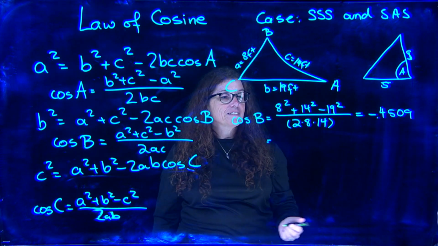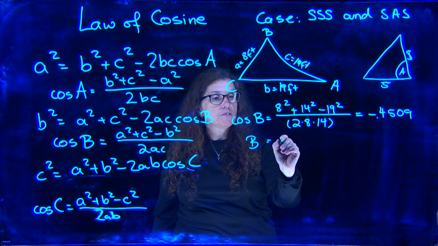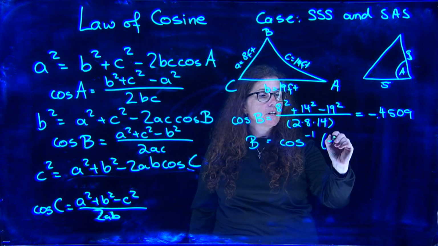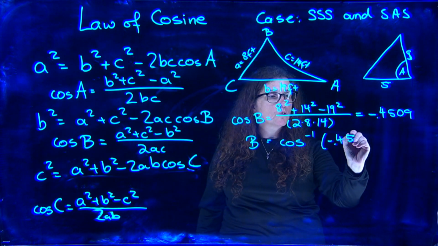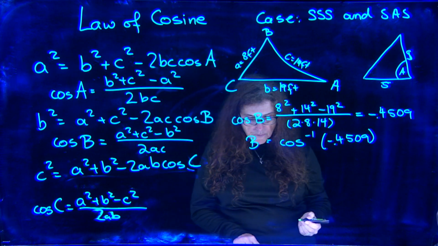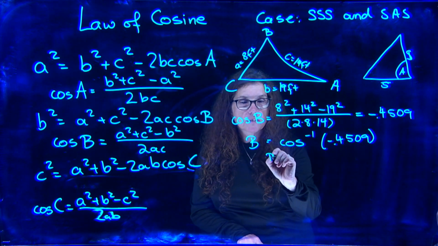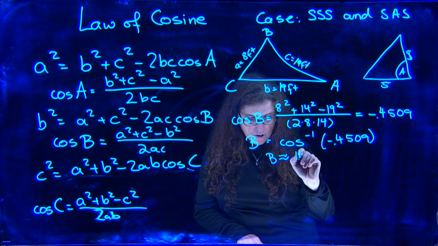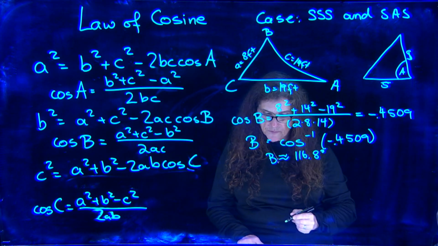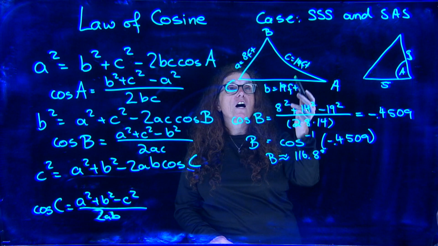So to find the actual angle B, you use the inverse cosine of negative 0.4509, and that is equal to approximately 116.8 degrees. Okay, so we found angle B.